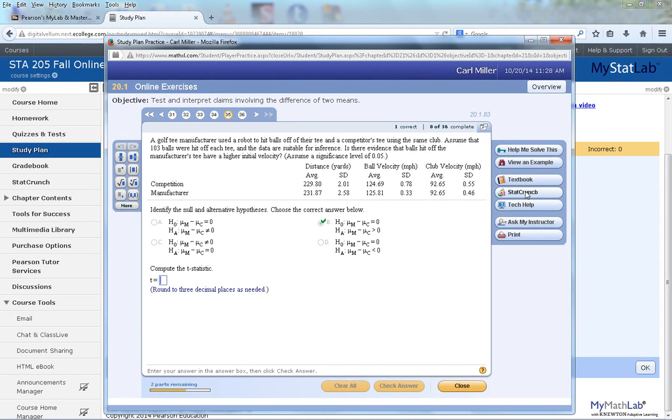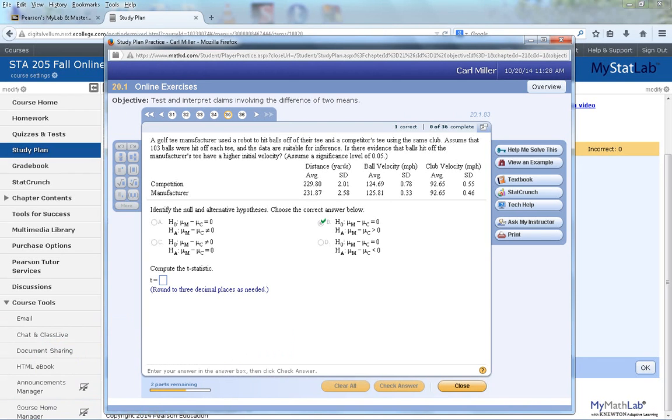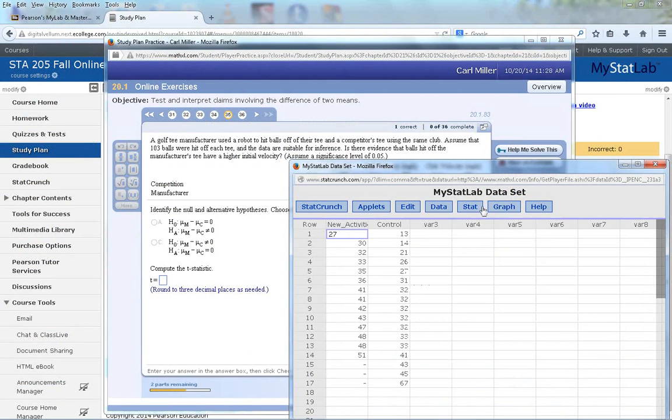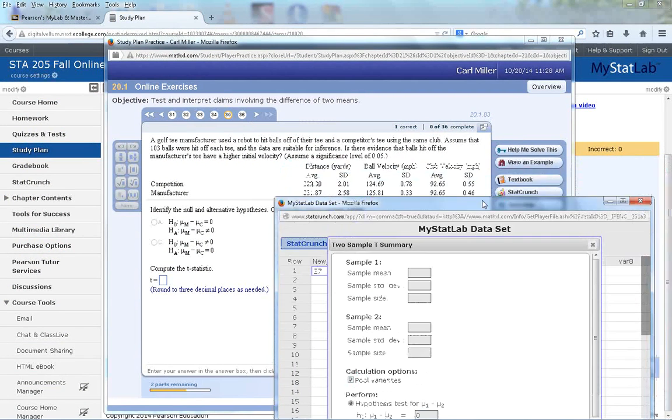So when I go into StatCrunch, pull it back up. Go ahead and close that. I'm going to go to stat, t-stats, two sample, but I'm going to do with summary this time. And what I've got to do is enter those summary values. Okay, so if I'm doing manufacturer first, so that's the second row in the table, so you got to be careful there. 231.87.